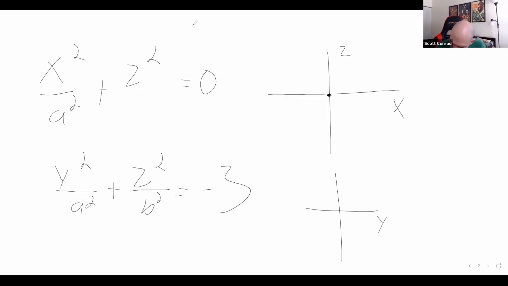So it involves y and z. We graph it on the yz plane. Both y and z are squared and positive, so there's no number you can plug in for y and z which will give you a negative number.